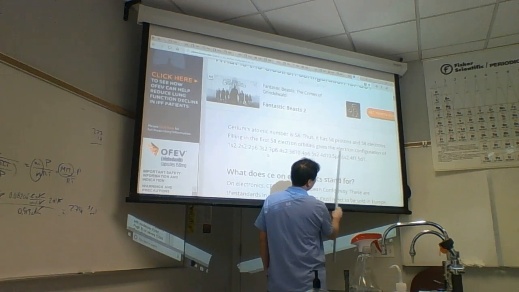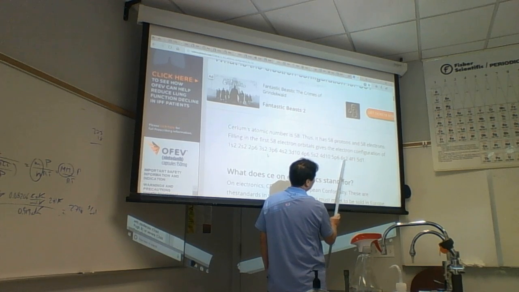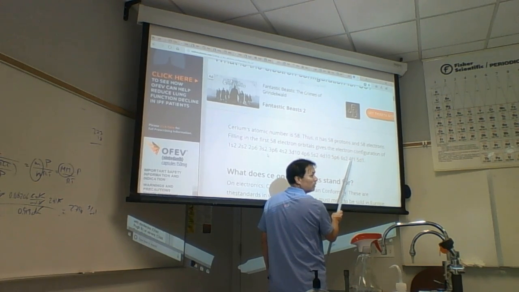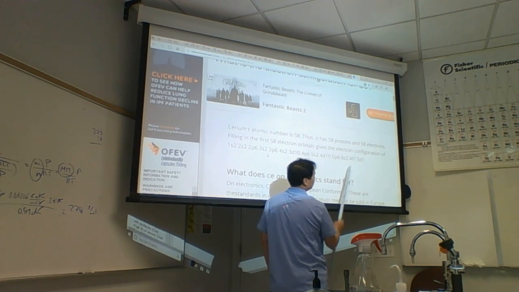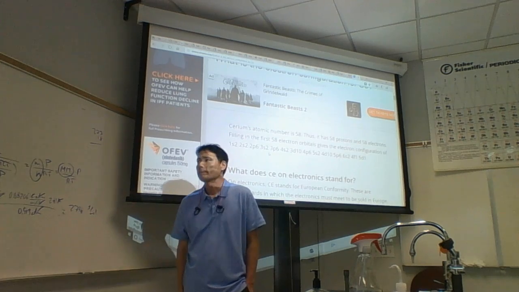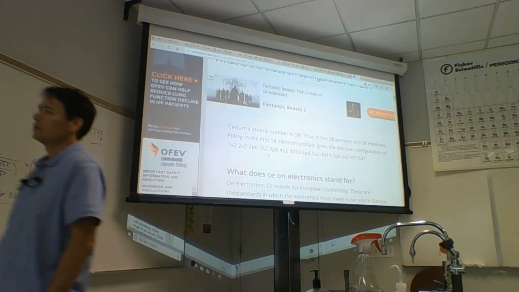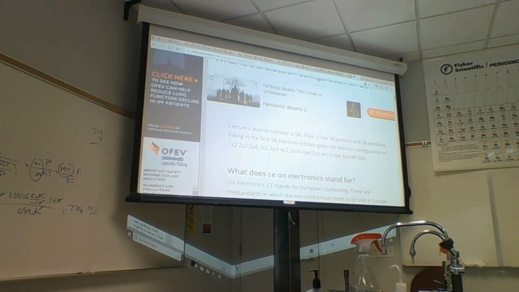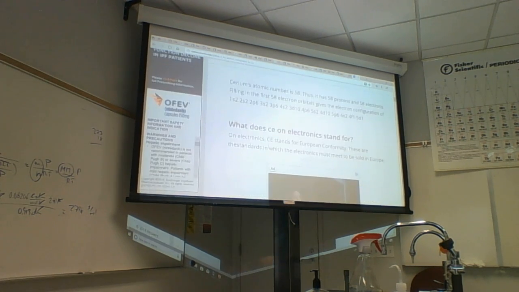So we go xenon, 6s2, 5d1, 4f1 in filling order. So 4f1 should be reversed. Yeah, if they're going to do it by n level, then 4f1 should have been written first.